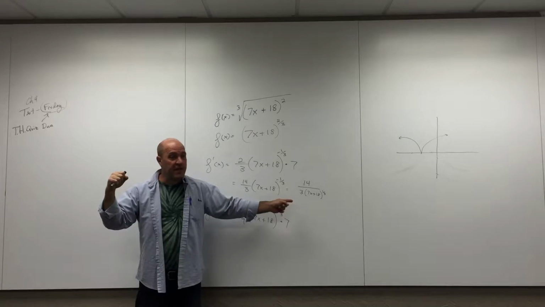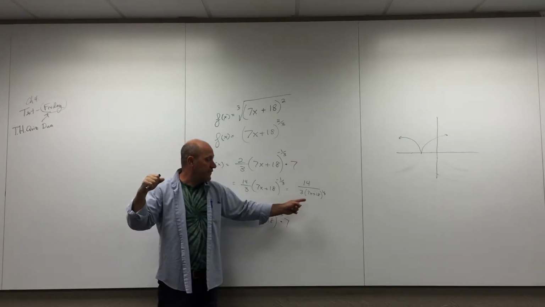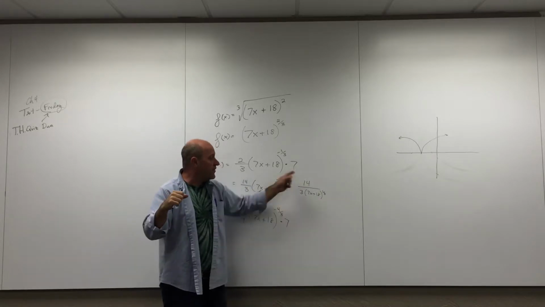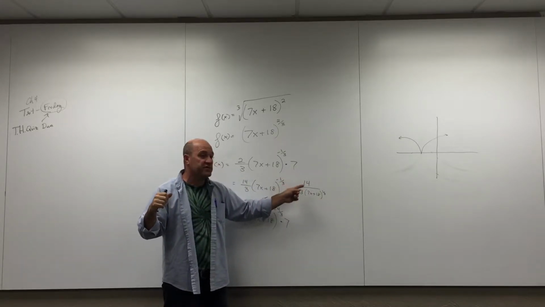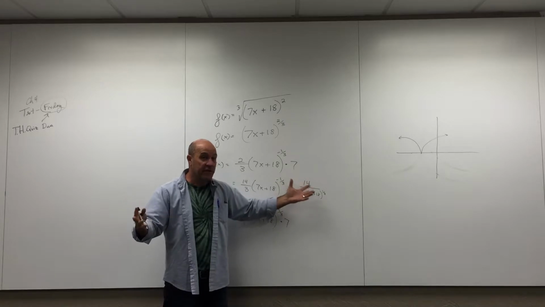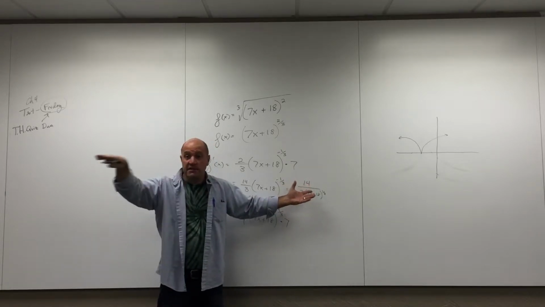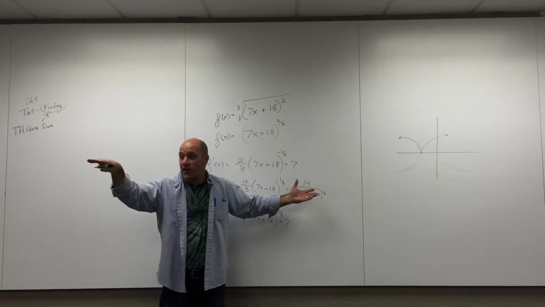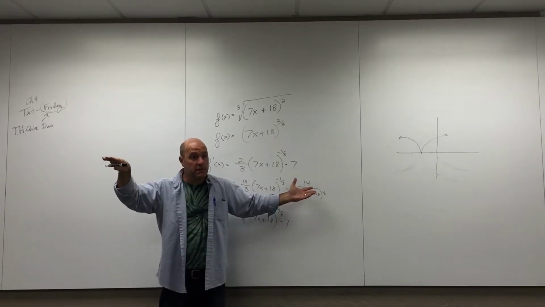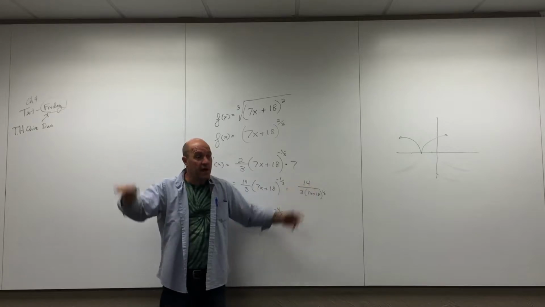I don't know if some of you got that. I graded your last quiz last night, so I noticed some errors. This thing equals 0 when the numerator equals 0. The numerator equals 0, never. So this never equals 0. There's probably no horizontal tangent lines. If it never equals 0, there's no horizontal tangent lines. The derivative never equals 0.